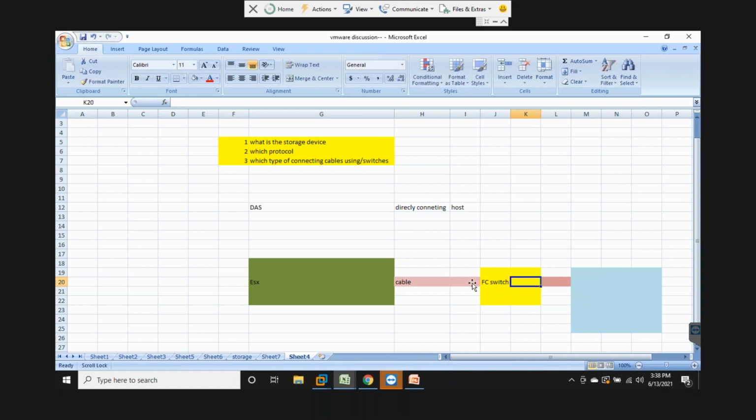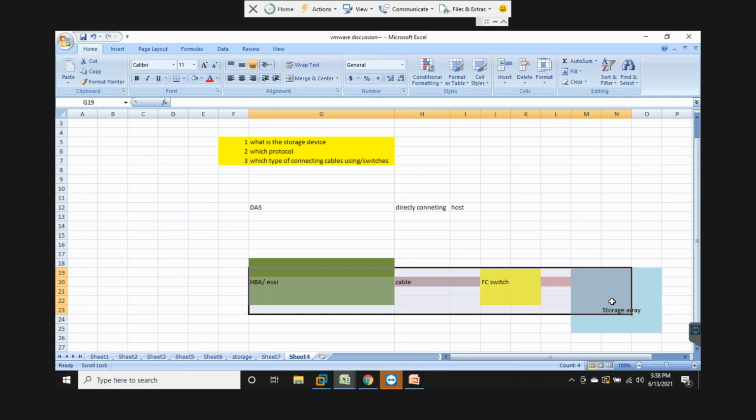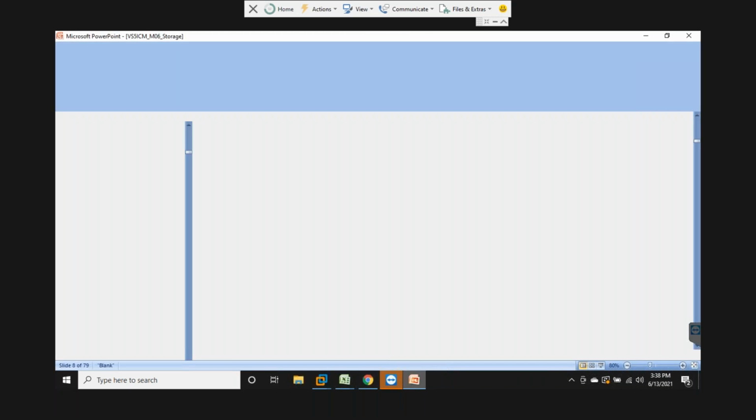It goes to the switch, and from the switch another cable goes to the host. On this side we would have our HBA or storage adapter on the ESXi server. So this is the fiber channel infrastructure or SAN infrastructure. That is how your storage infra is connected.